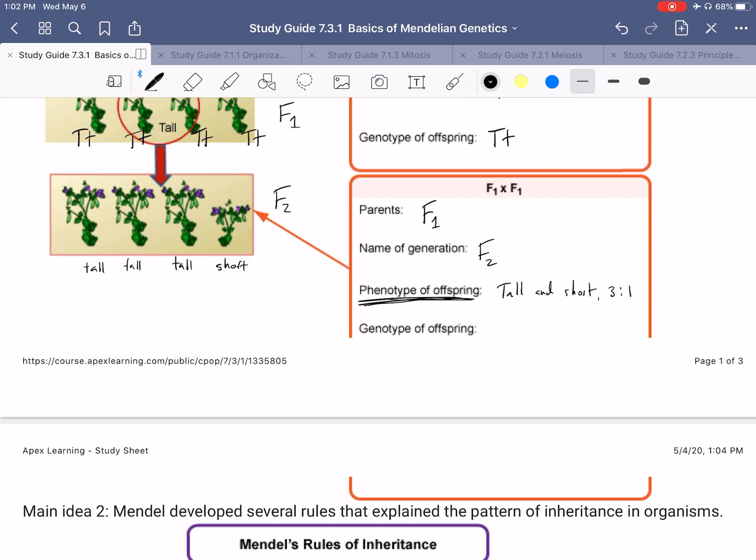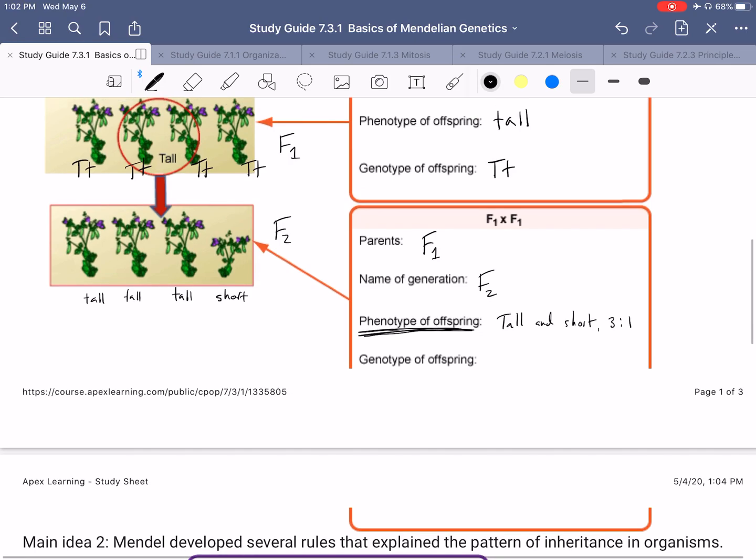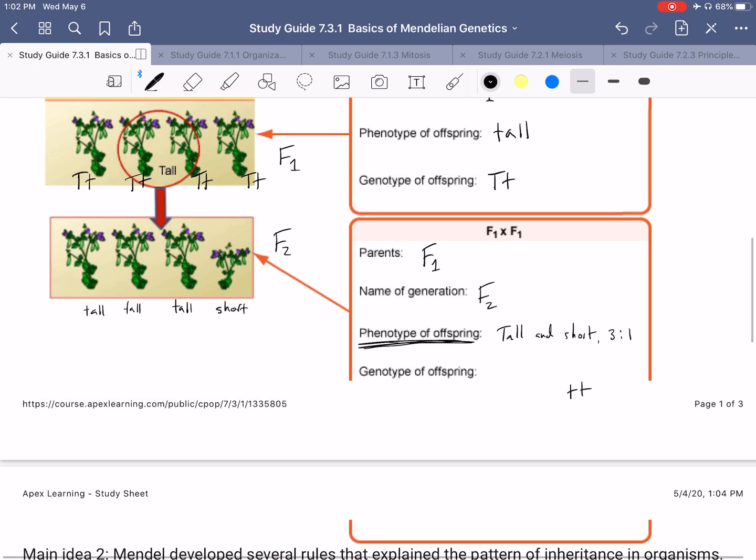Okay, just looking at the apex. The genotypes of the offspring, well, we know we have tall and short, all right? So since short's there, we know we have little t. But also, if you remember, if we have big T's and little t's in the previous generation, the F1 generation is going to give the F2 generation big T's and little t's.